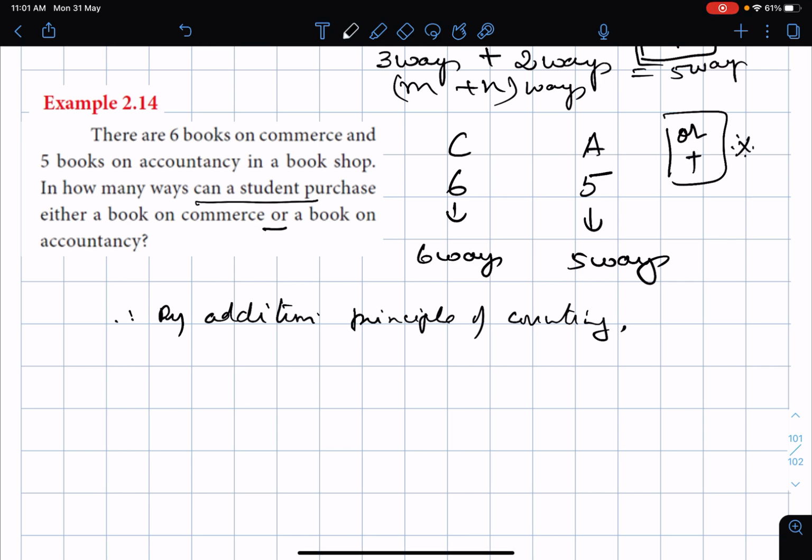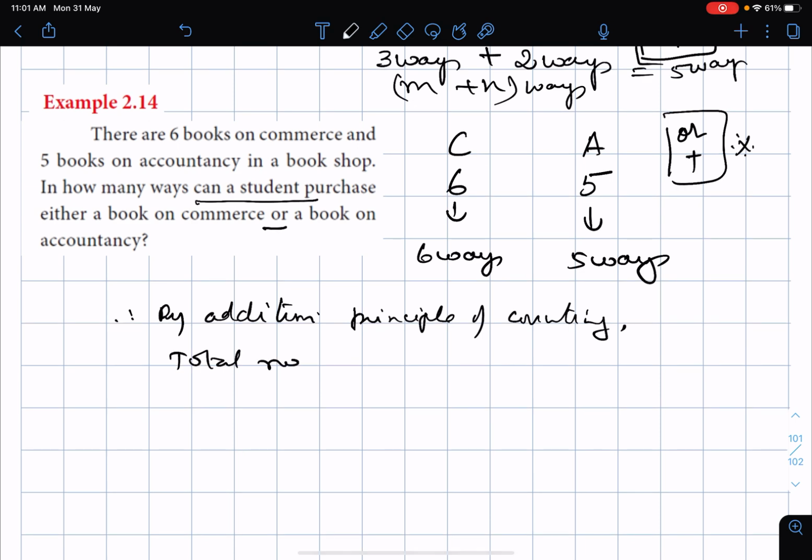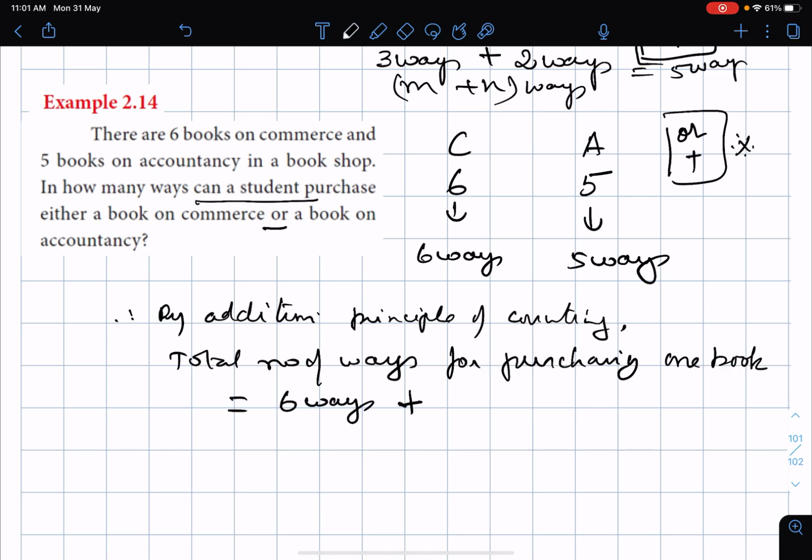So by the addition principle of counting, the total number of ways for purchasing one book is going to be 6 ways plus 5 ways. That is nothing but 11 ways is your answer. Understood? This is called the addition principle of counting.